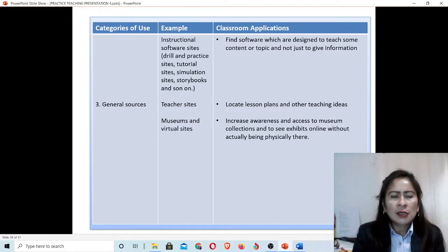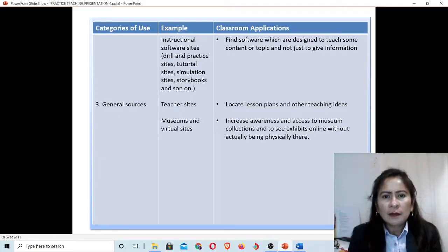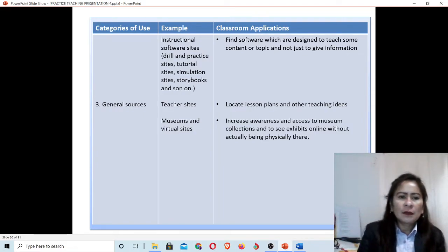Examples are instructional software sites: drill and practice sites, tutorial sites, simulation sites, storybooks, and so on. In classroom application, find software which is designed to teach some content or topic and not just to give information.